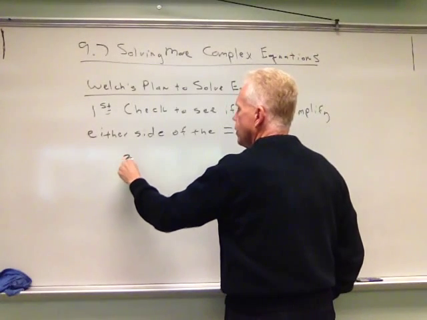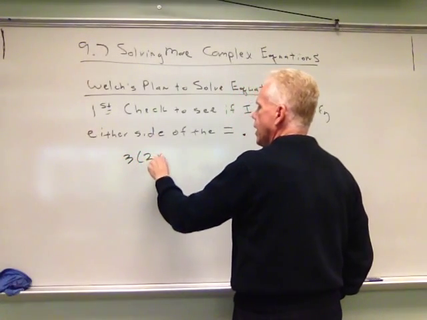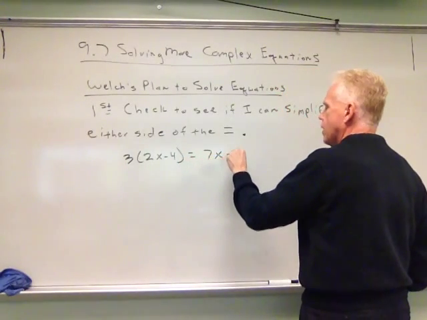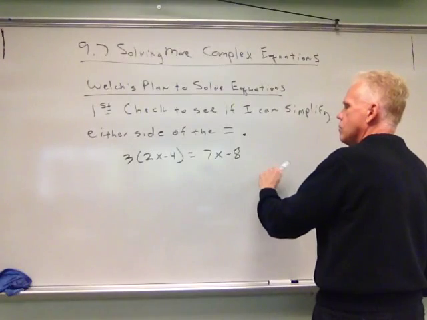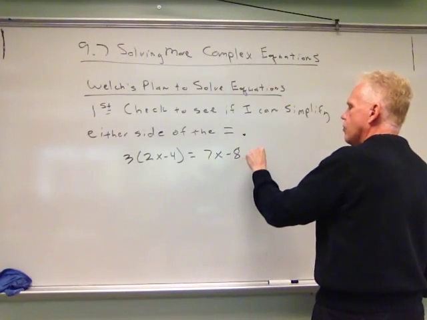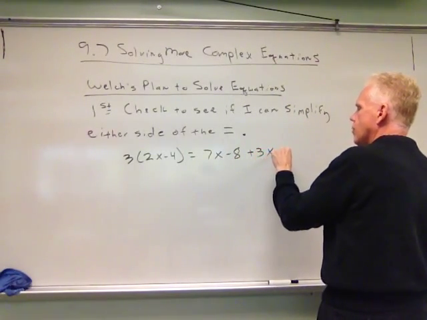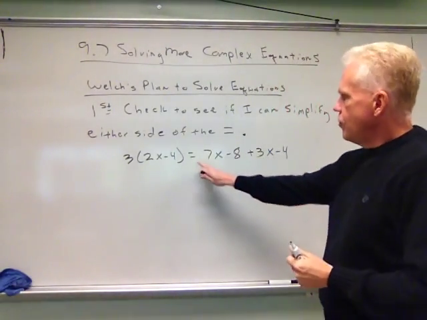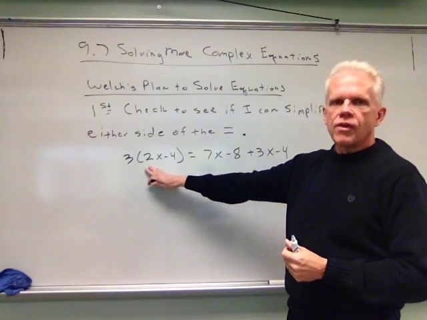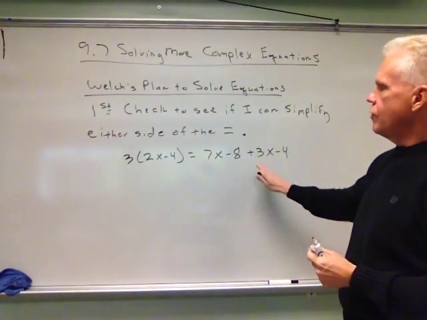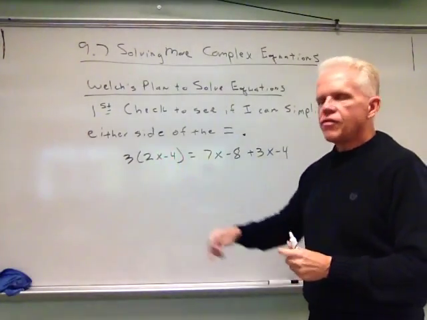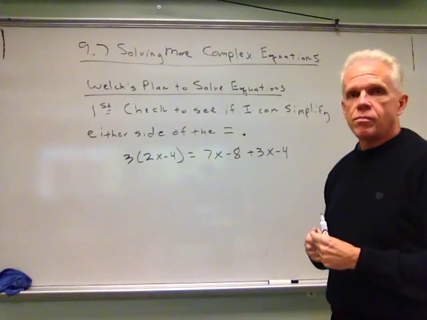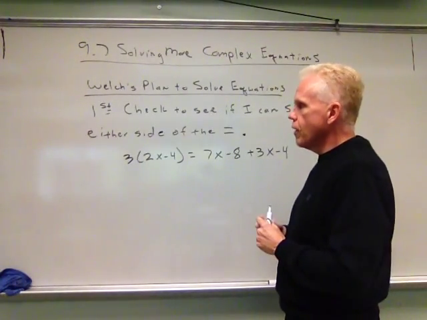If I took the equation 3 times (2x minus 4) equals 7x minus 8 plus 3x minus 4, we'd see the equal, the expression on the left side, and the expression on the right side. The first thing I want to do is check, can I simplify on either side? And I've created an equation here where we can actually simplify on both sides. So that's what I'll check for first.